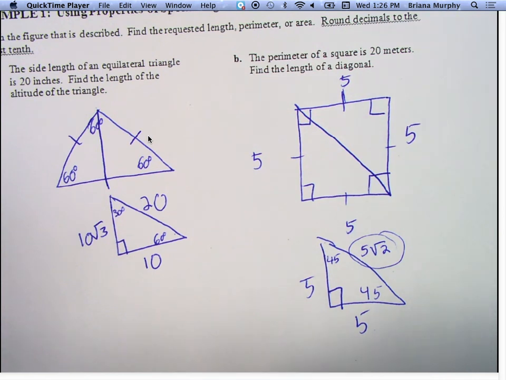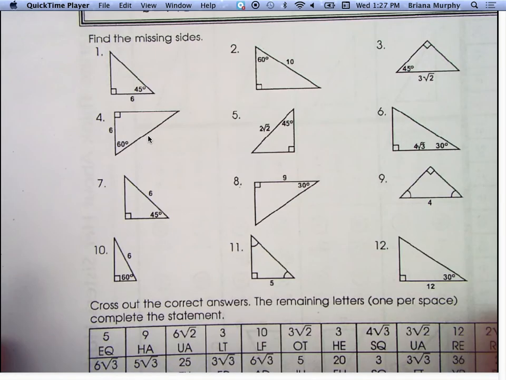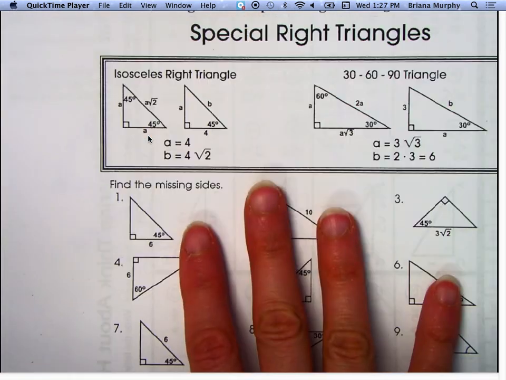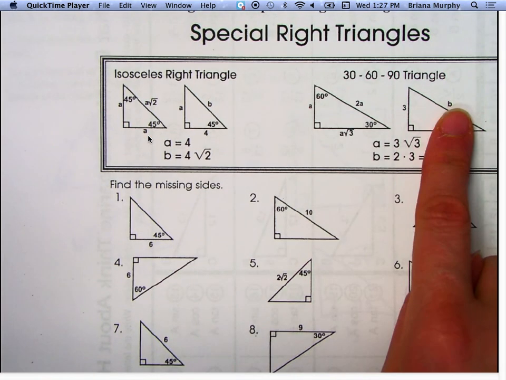Okay, your homework tonight is just trig functions, basic trig functions. You don't have to put anything in the calculator. And basic 30, 60, 90, and 45, 45, 90. So on the top, on one side of your special right triangles, it does give you those things again.